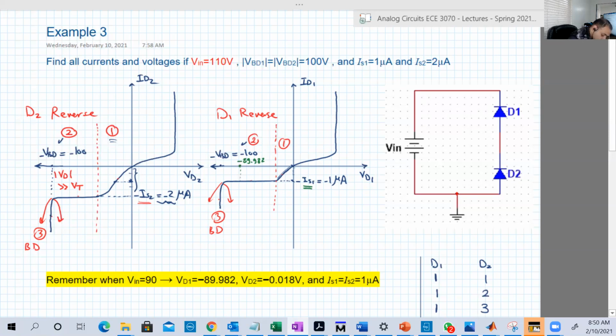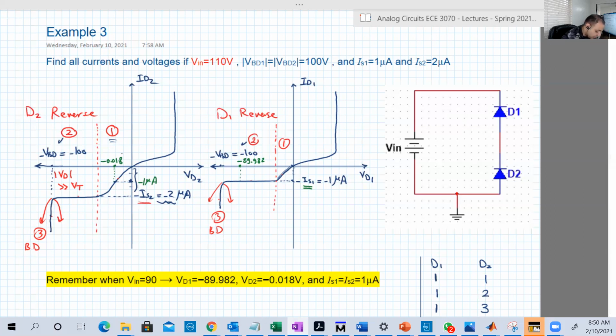And the other diode also had a current of minus 1 microampere, and the voltage was very small. Of course, this is not a scale drawing, but something like minus 0.018, or 18 millivolts.